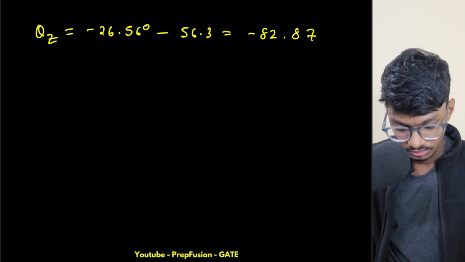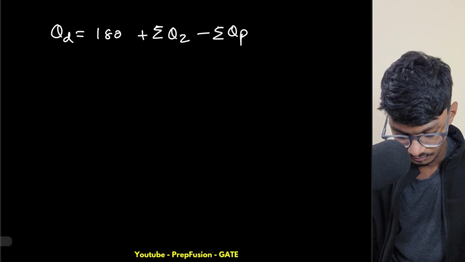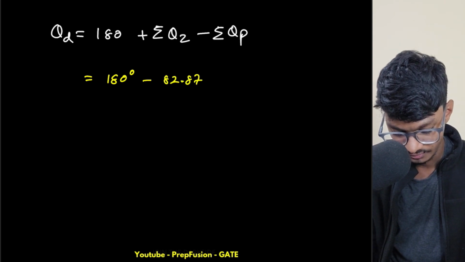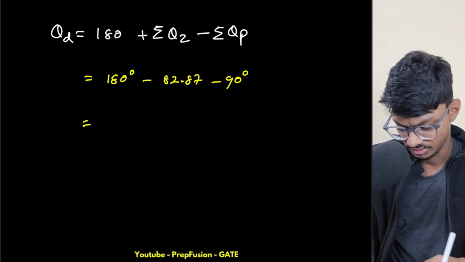And we had a plus 90 over here. So this will simply be 180 minus 82.87 minus 90. So this will be around 7.13, which I recall.